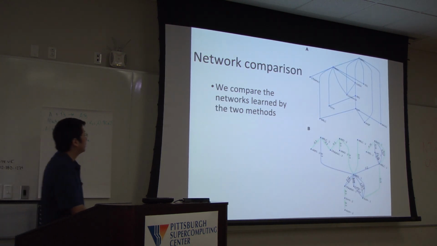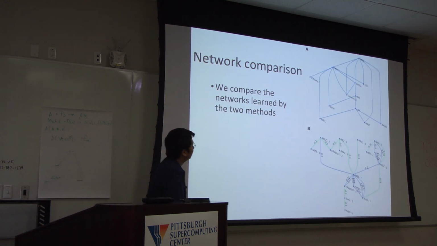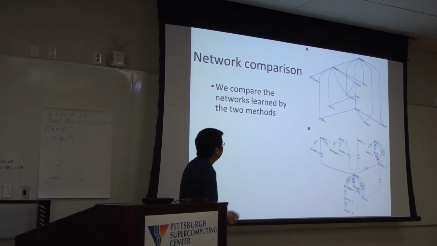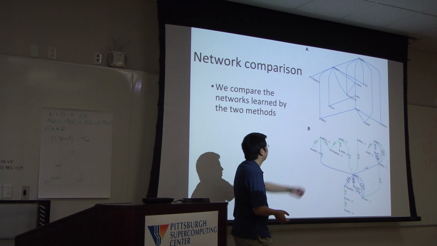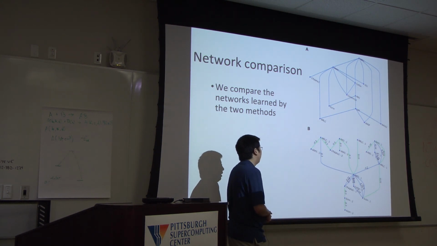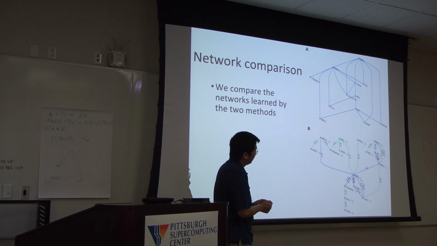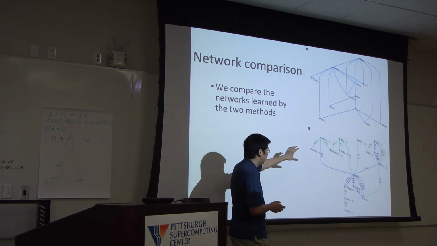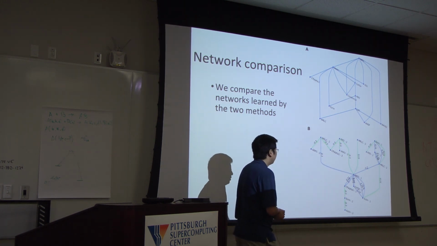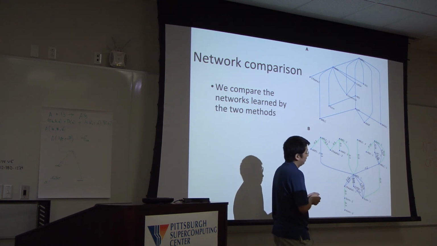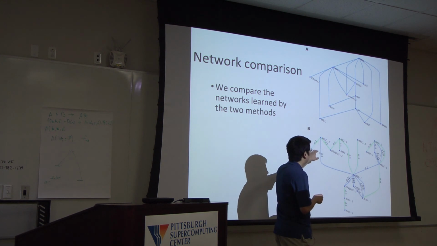And at last, we compare the two methods, and also with the ground truth. Here, the upper panel is the ground truth, and the lower panel is the merged network of the two methods. Here, we don't consider the time points. We just consider whether there is a relationship.